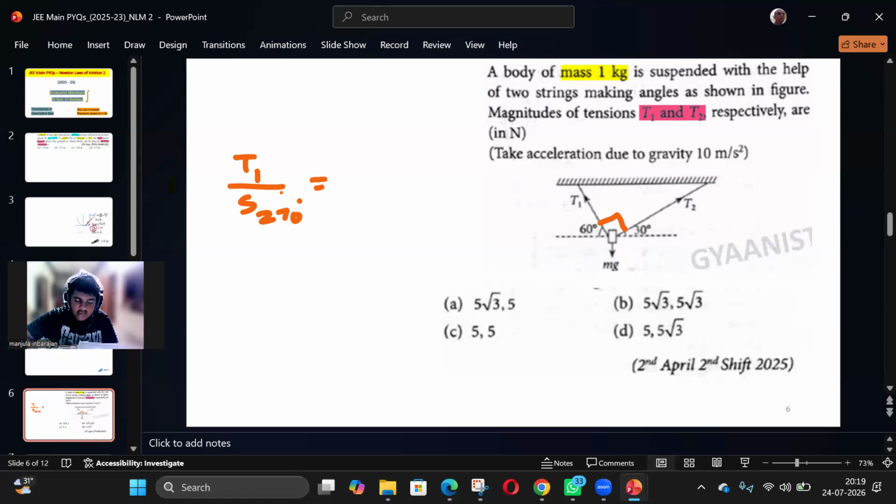Sir, what is the tension formula? You don't need that. Lami's theorem. You just have to get the value. So T1 by this opposite angle is this much angle, from here to here, which is 90 plus 30, 120, equal to T2 by the opposite angle, which is 90 plus 60.